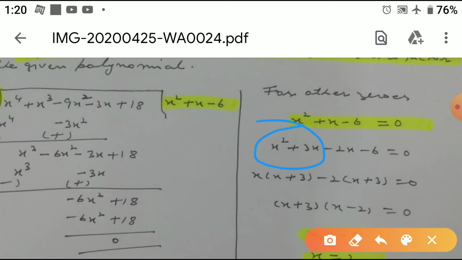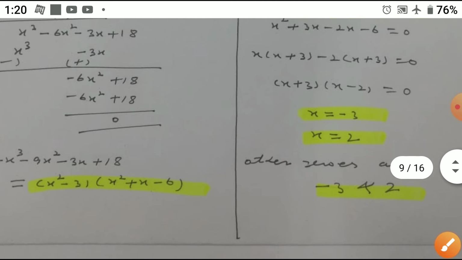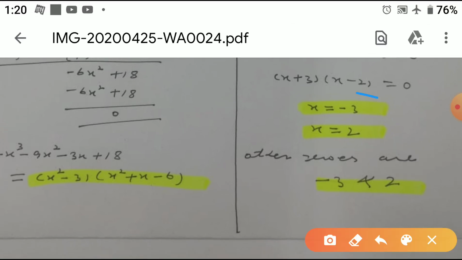Out of the first two, take x common, x + 3. From the second, -2 common, x + 3, and finally we get two factors, x + 3 and x - 2, and the value of x is -3 and 2. So the other two zeros are -3 and 2, right?